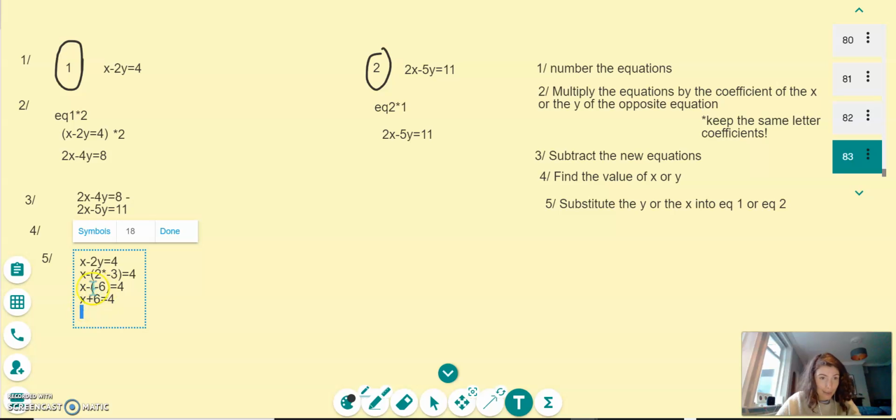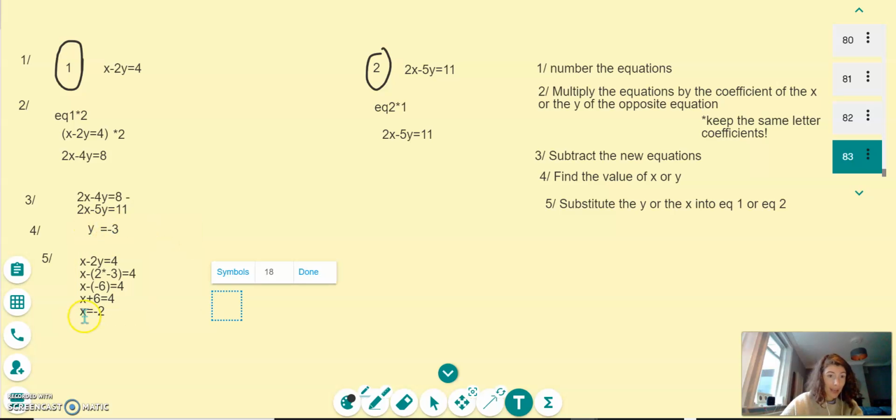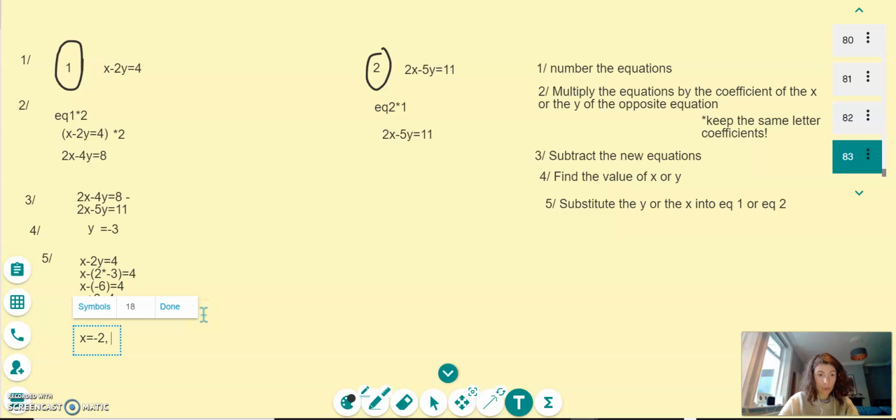So then we take the 6 across to the other side, we take it away because it's got a plus here. So to take it to the other side, we do the opposite. Then we have x equals minus 2. That's 4 minus 6. So now we have a value of y and a value of x. So we have x equals minus 2 and y equals minus 3.